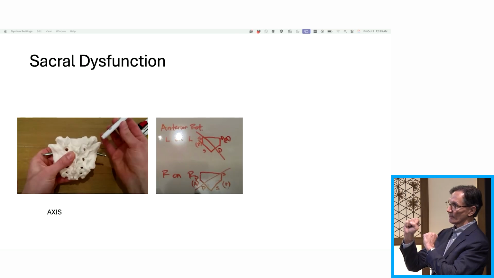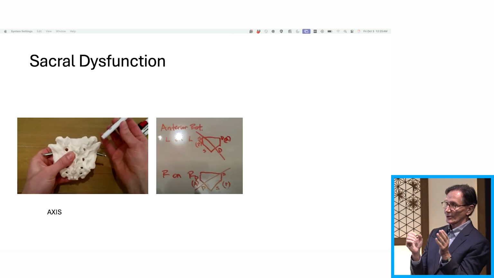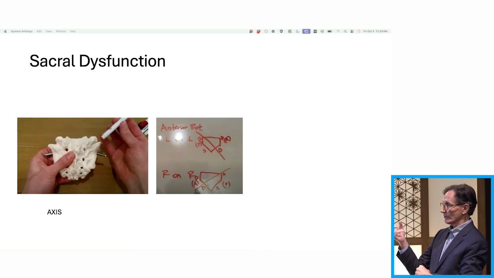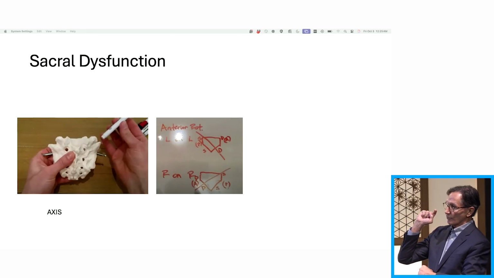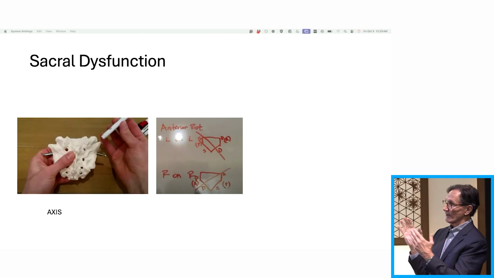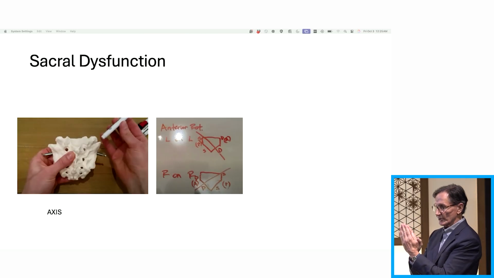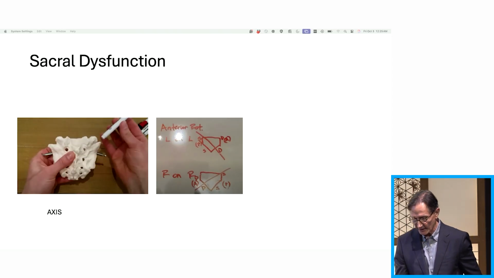They usually give two terms for it. The first term is where it's facing, and the second term is the axis. So you figure out the axis, which we'll talk about in a moment, and then which way it's facing. If the sacrum is facing left on a right axis, then it's left on right. I'll come to more of that in just a few moments.